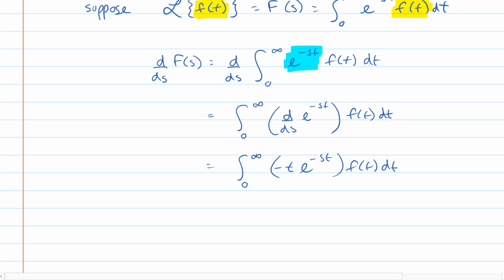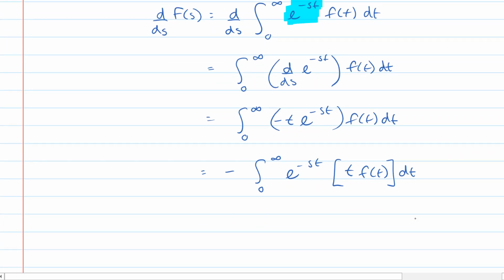And if I do a little bit of rewriting here, I'm going to pull the negative out. I'm going to write the e to the negative st next, and then put in square brackets the functions that remain, so t and f of t dt.